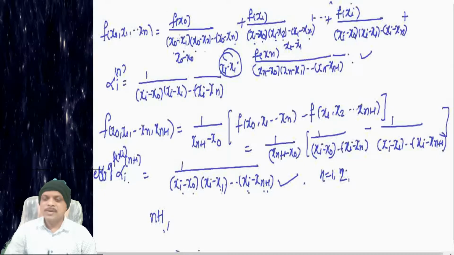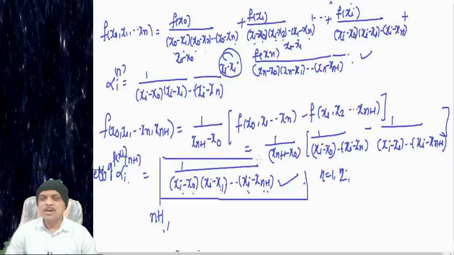We have proved this for n equal to 1, n equal to 2, and by assuming it is true for the nth divided difference, we have seen that for the n plus 1 divided difference, the coefficient is independent of the order of the variables. Whenever we change the order of the arguments, the value remains the same.